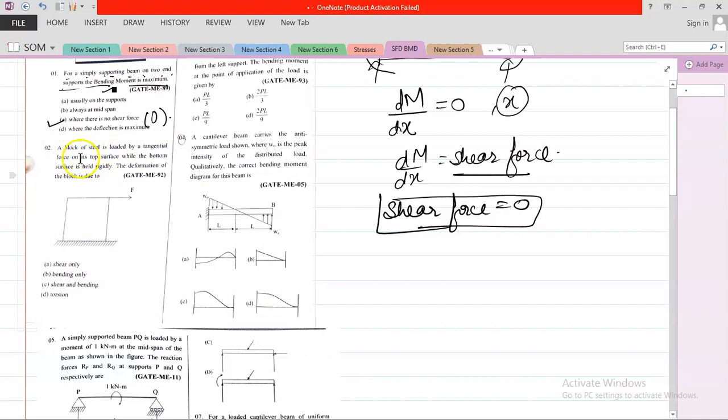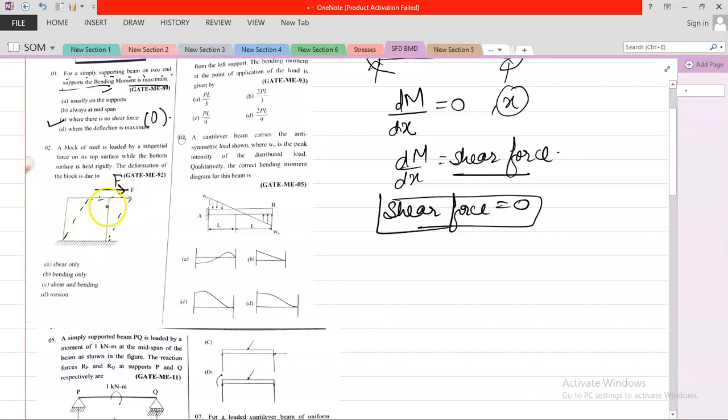Now it is given a block of steel is loaded by a tangential force on the top surface while the bottom surface is held rigidly. The deformation of the block is due to what? So take this as the force F acting, which causes shear, that is one portion.